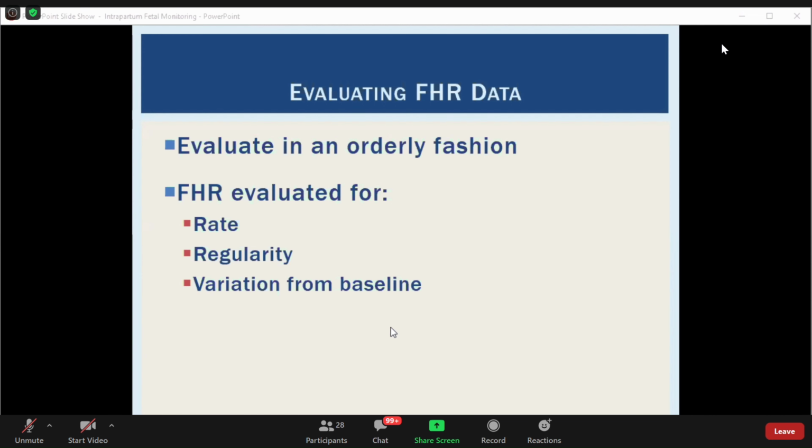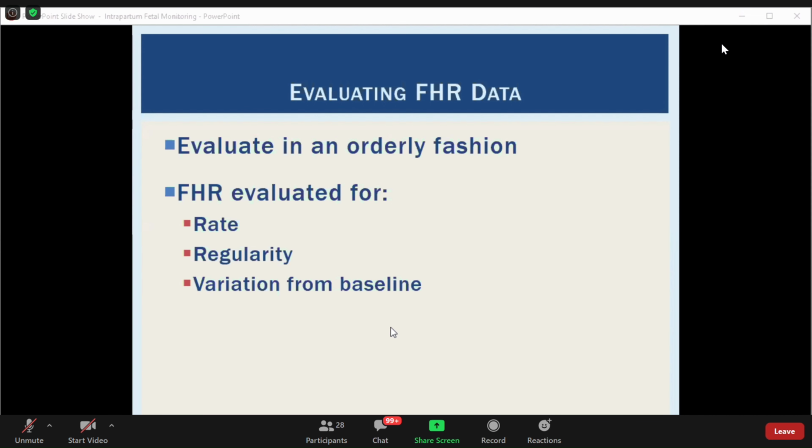And as you get older, as your body matures, as the central nervous system matures, the heart rate goes down, which is what it should do normally. So a preterm baby is going to be above 160, and that is normal. But I'm not holding you to that now. I just want you to keep that in mind because we'll come back to that point.